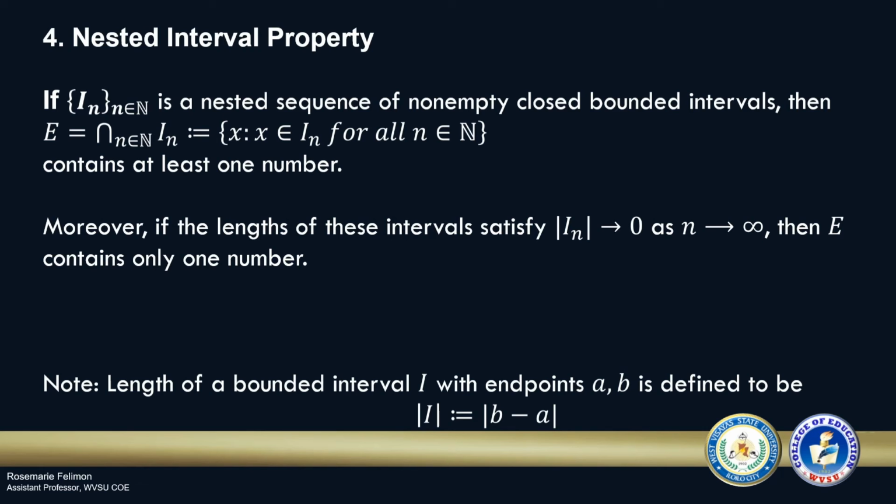In fact, the length is approaching 0 as n approaches infinity. We can say that there is only one number in the generalized intersection of the sets.